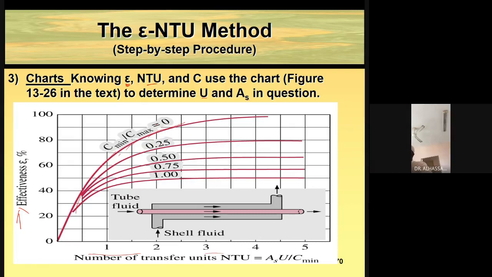If capacity ratio is equal to 0.25 or 0.50, it goes like that, and then up to 1. So if you know the NTU to be 3 and the capacity ratio to be 0.5, all that you do is move vertically upwards up to 0.5, then move to the left, and you can find the effectiveness of the heat exchanger.